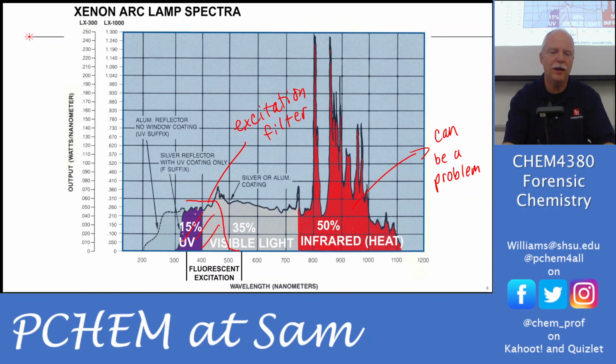That can cause fluorescent compounds to fluoresce, and then you put a filter on your eyes that lets the visible light coming from the fluorescence through, and then you can detect it and see it. You can put that same filter on your camera and collect it that way. So this would be the collection filter. It collects that fluorescent light.